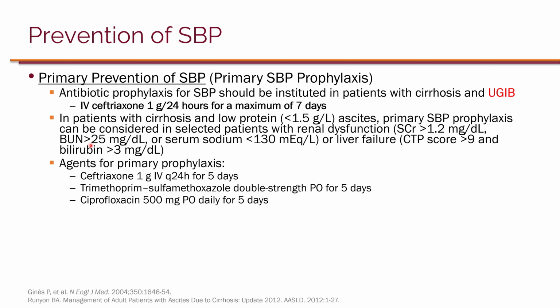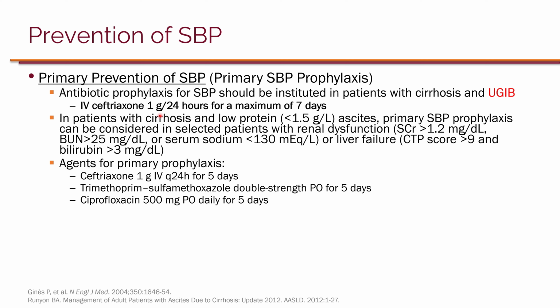Now, other patients, cirrhotic patients who have low protein ascites, primary SBP prophylaxis can be considered if they have renal dysfunction. So, for example, serum creatinine greater than 1.2, BUN greater than 25, or serum sodium less than 130, or if they have liver failure.